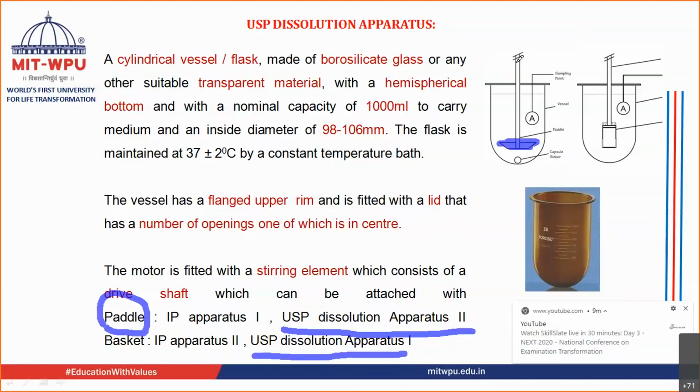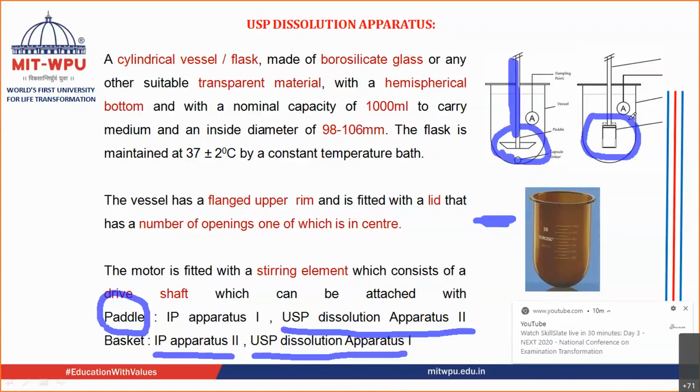So this is the drive shaft. To this drive shaft, this paddle type assembly is attached. Whereas in IP apparatus 2, this paddle is replaced with a basket. So that is the difference between apparatus 1 and apparatus 2. In IP apparatus 1, you have paddle type assembly. In IP apparatus 2, you have basket type assembly.